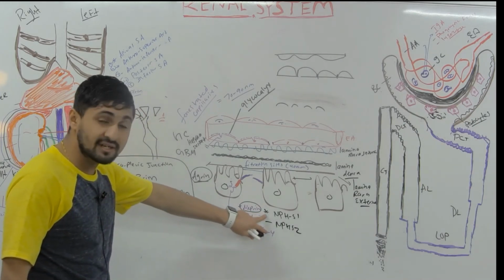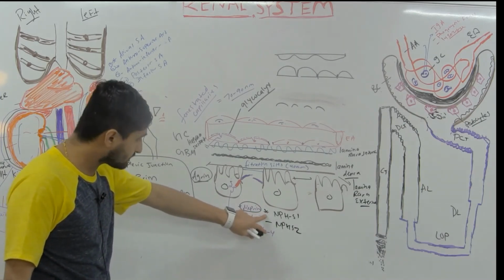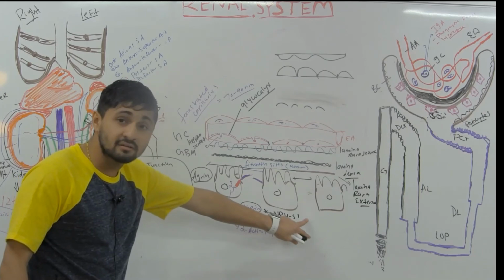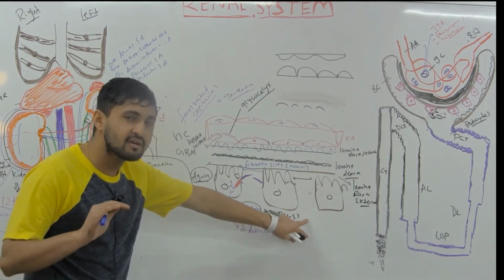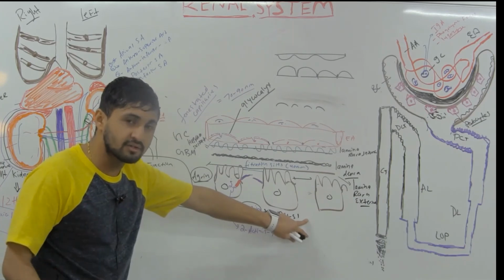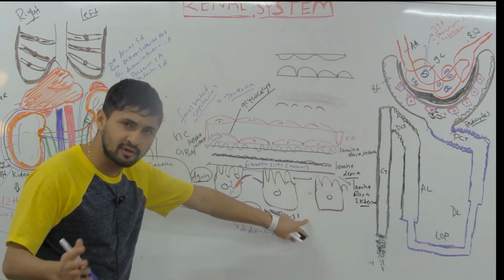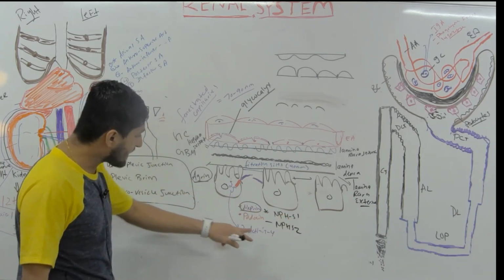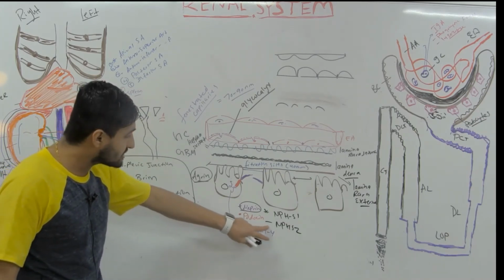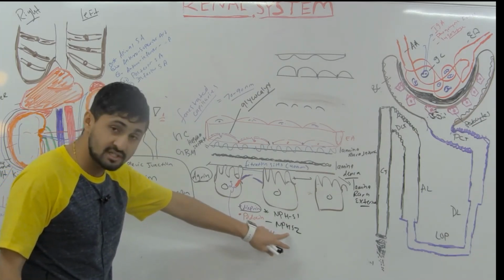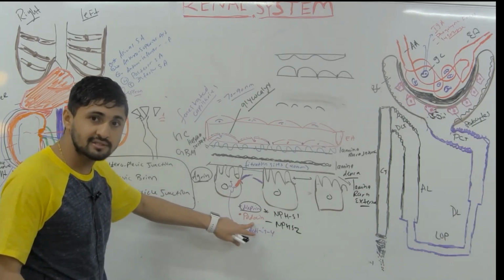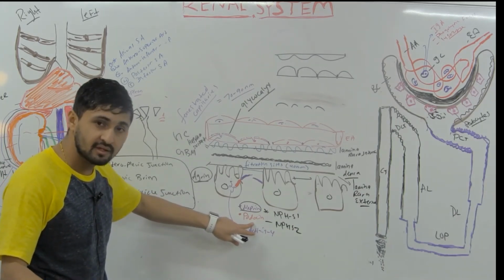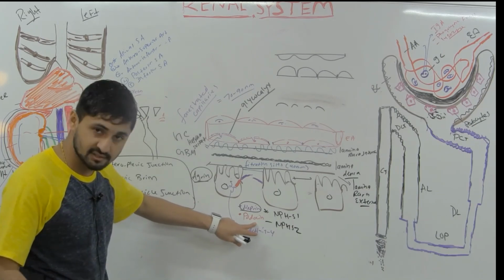For instance, you can get something called congenital nephrotic syndrome, and this is the Finnish type of congenital nephrotic syndrome, okay? And there is podocin, okay? And if there's a mutation in the podocin gene, then you can get a condition called steroid-resistant nephrotic syndrome, okay?